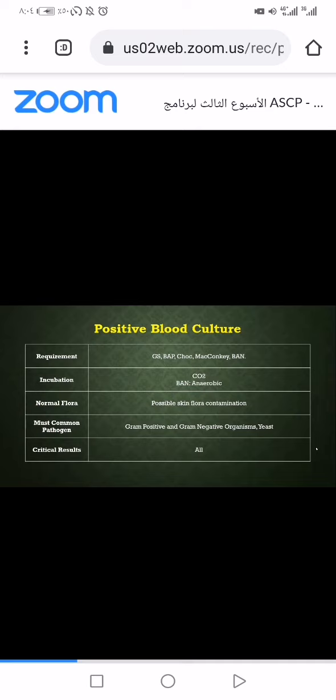Actually, the contamination of blood culture is related to the quality of the work. We in microbiology at the end of the month go and calculate how many contaminated positive blood cultures we have.